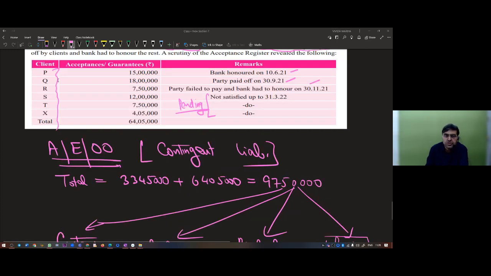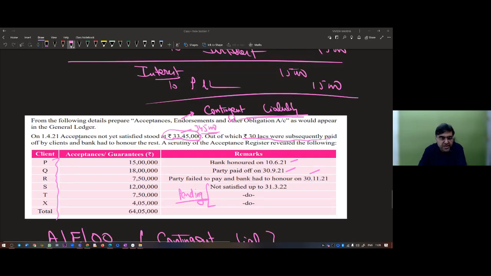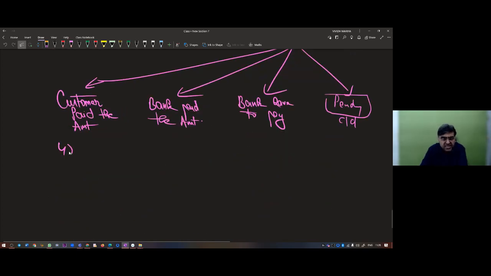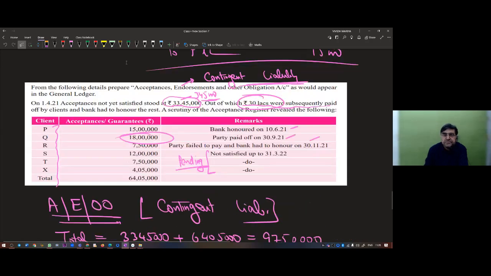Now the question says customer has paid 30 lakhs, customer paid 18 lakhs, 30 plus 18, 48 lakhs. Customer paid 48 lakhs. Have you listened? Bank paid 3,45,000 and bank paid off.